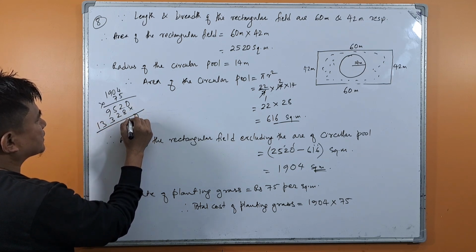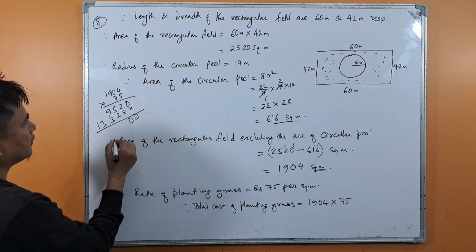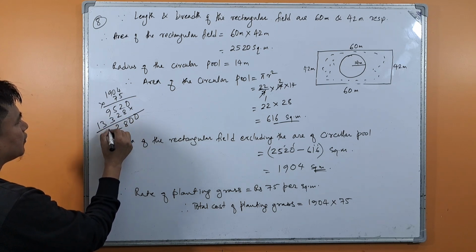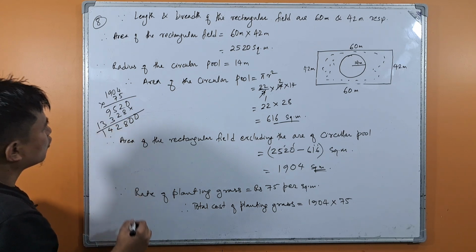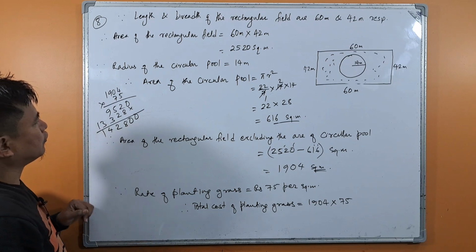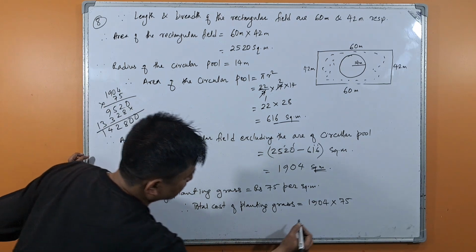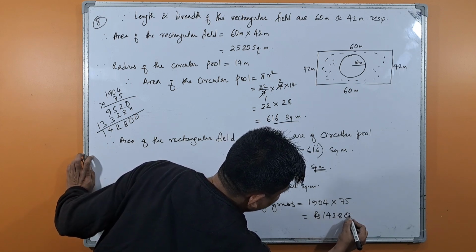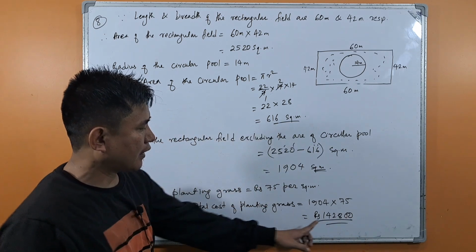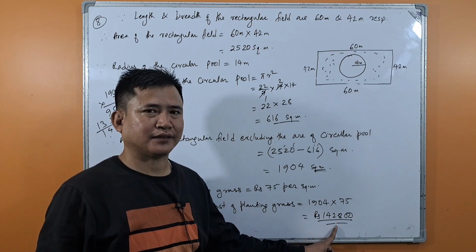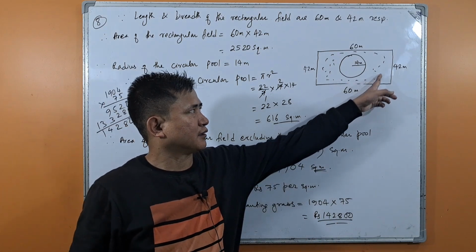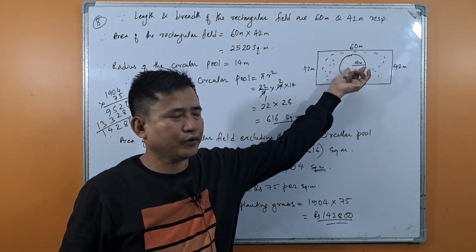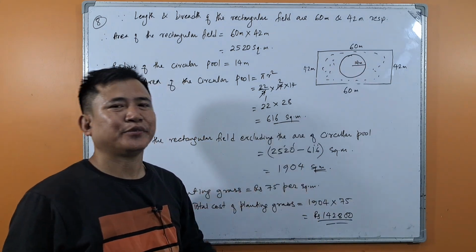Adding up, we get 142800. So 1,42,800 rupees is needed to plant the grass in the remaining part of the rectangular field, excluding the area of the circular pool, at the rate of rupees 75 per square meter.